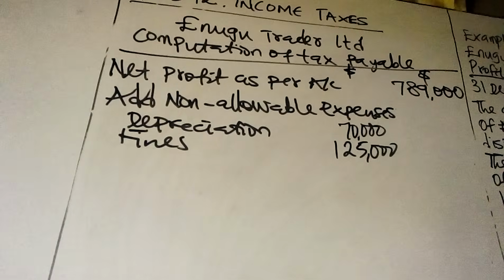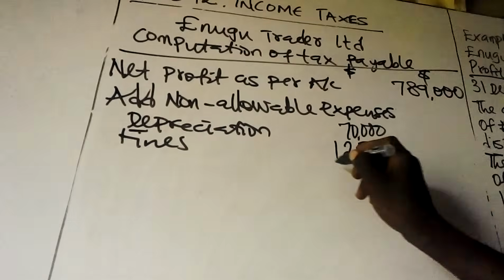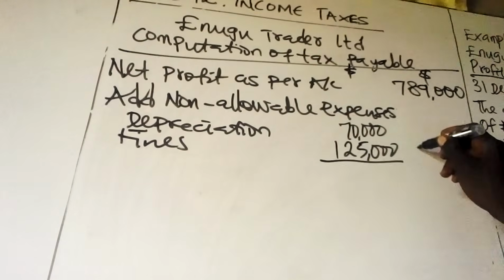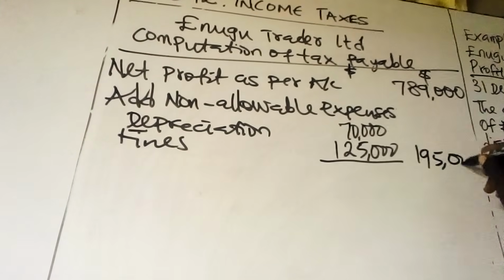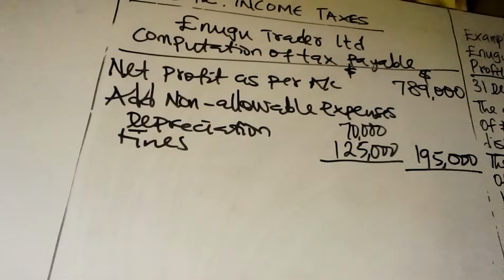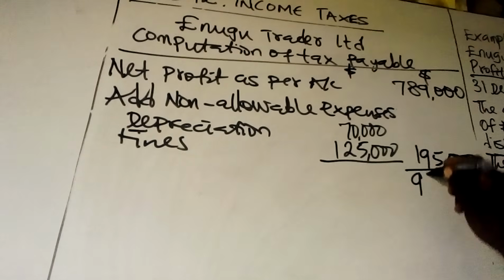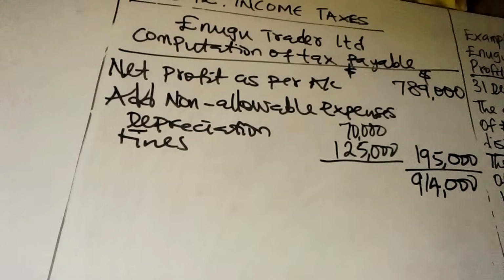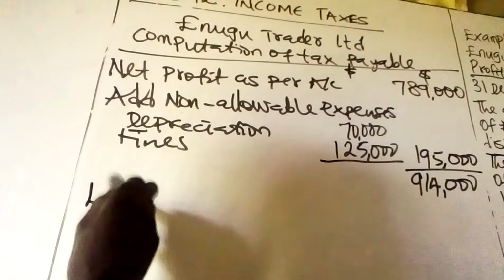Those two items are not allowable for tax purposes. So when you add them, you have 195,000. If you now add 195,000 to 789,000, we have 984,000.